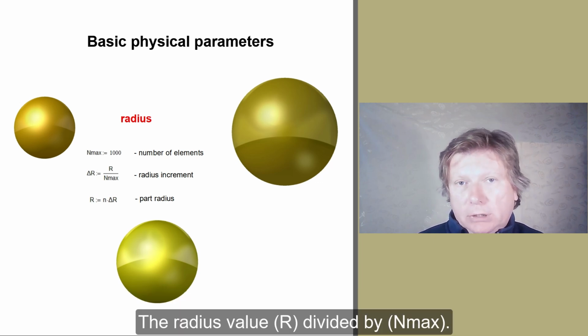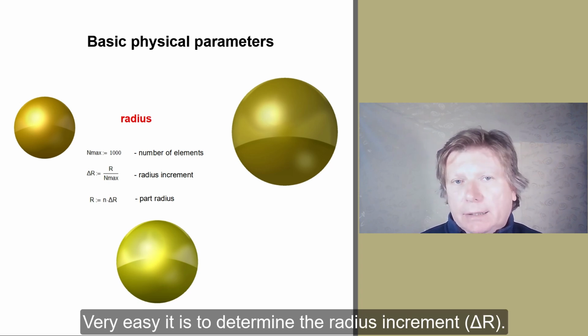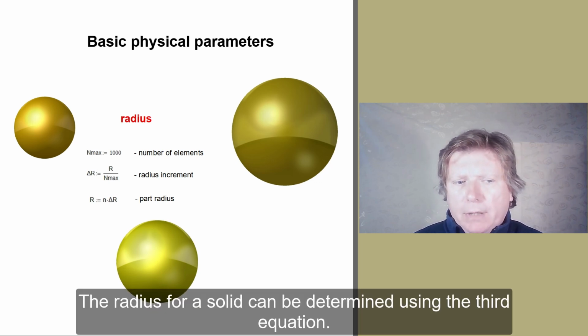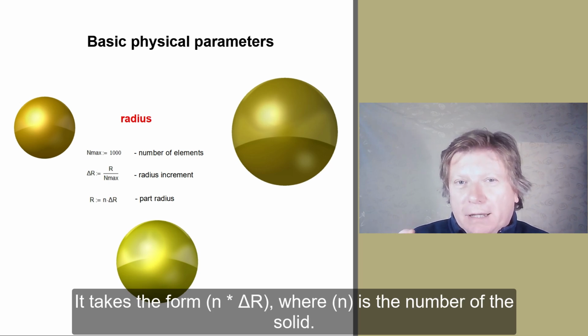The radius value R divided by Nmax. It is very easy to determine the radius increment, delta R. The radius for a solid can be determined using the third equation. It takes the form n times delta R, where n is the number of the solid.